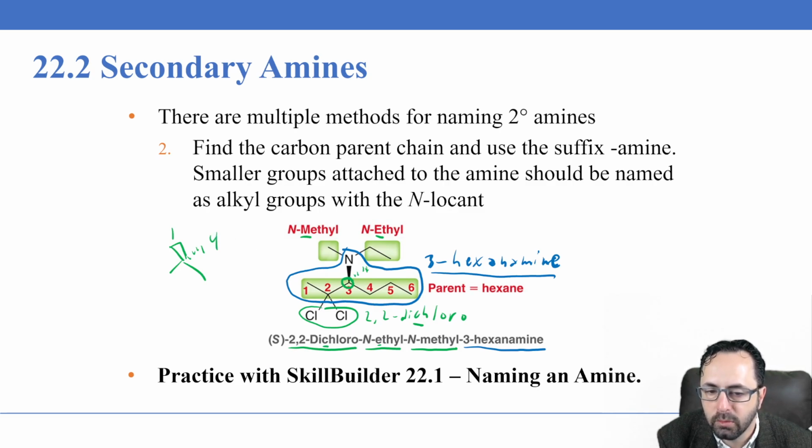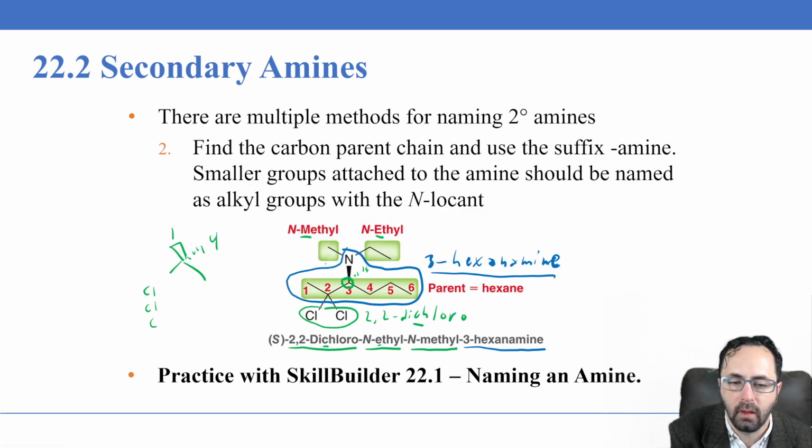And then in terms of the other priorities, 2 and 4 are both carbons, but carbon number 2 has 2 chlorines attached and 1 carbon. And then carbon number 4 has 1 carbon and 2 hydrogens attached. And so the chlorine beats the carbon, so this is going to be number 2, and this one's going to be number 3.